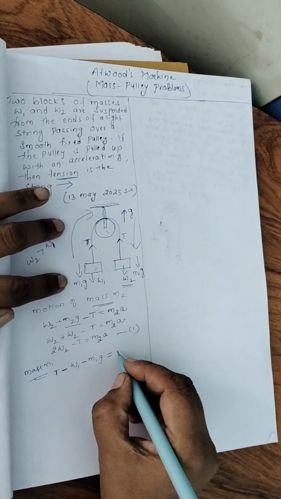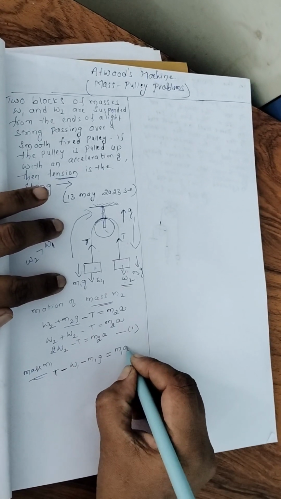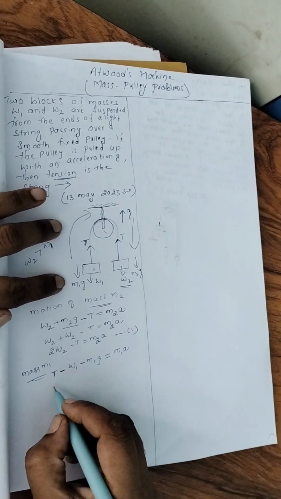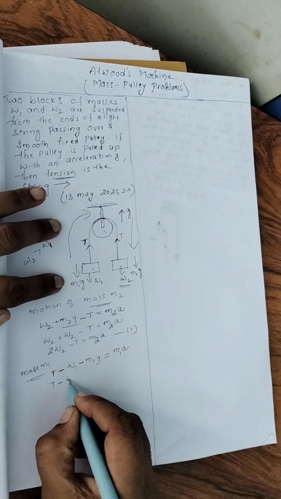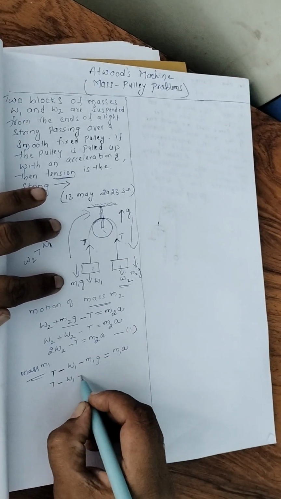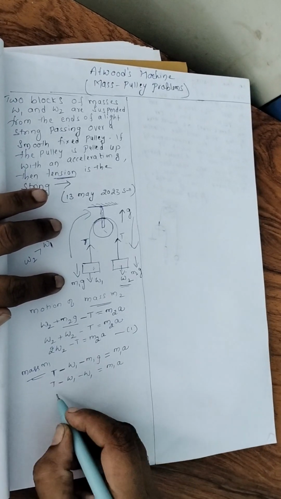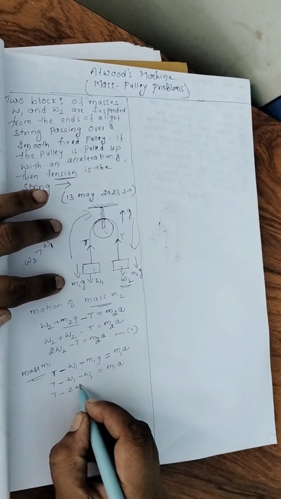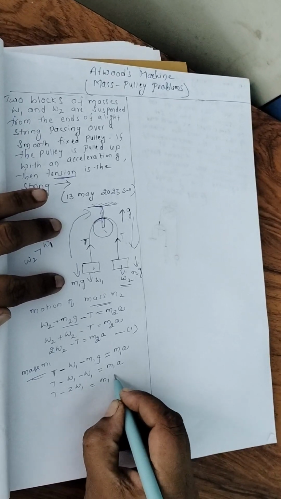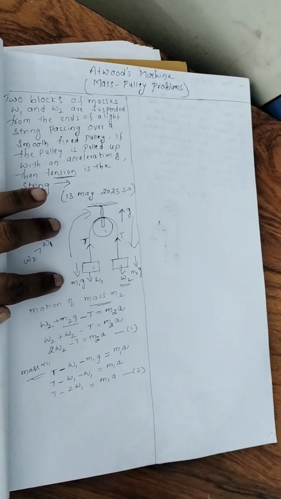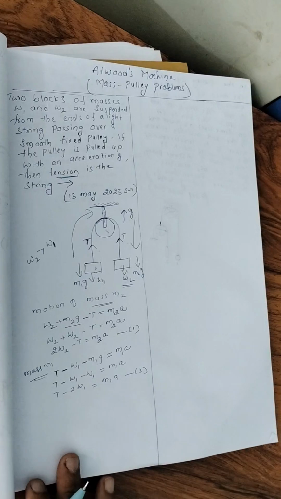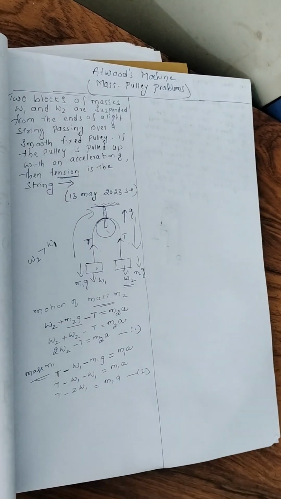According to Newton's second law, this must be equal to M1a. So T minus W1, I can write this as gravitational weight W1, that is equal to M1a. So T minus 2W1 is equal to M1a. Put it as equation 2.